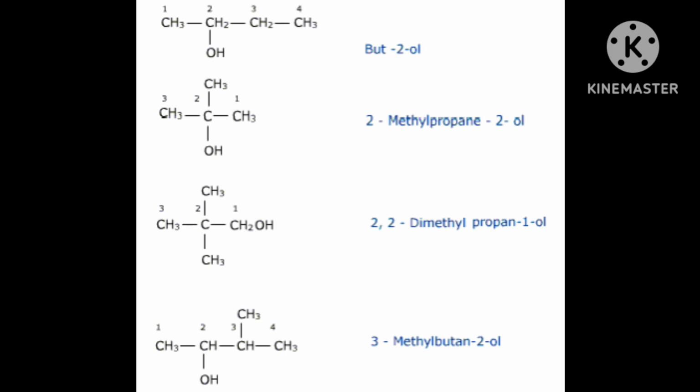I have already told you, now again you write and practice 2-3 times. How many isomers are possible? On paper, write all the possibilities. If you think, you will find only these 8 possibilities are there. Then after writing, you will get confident.